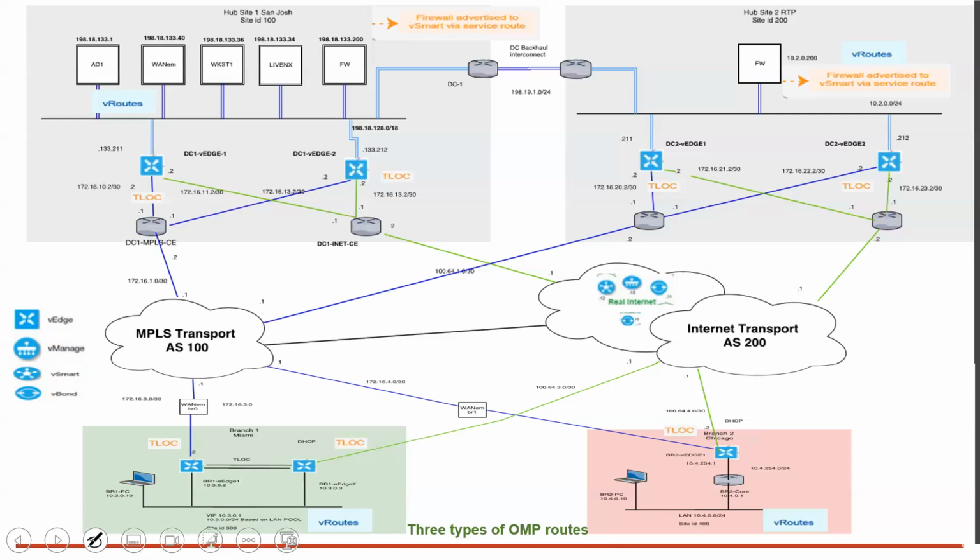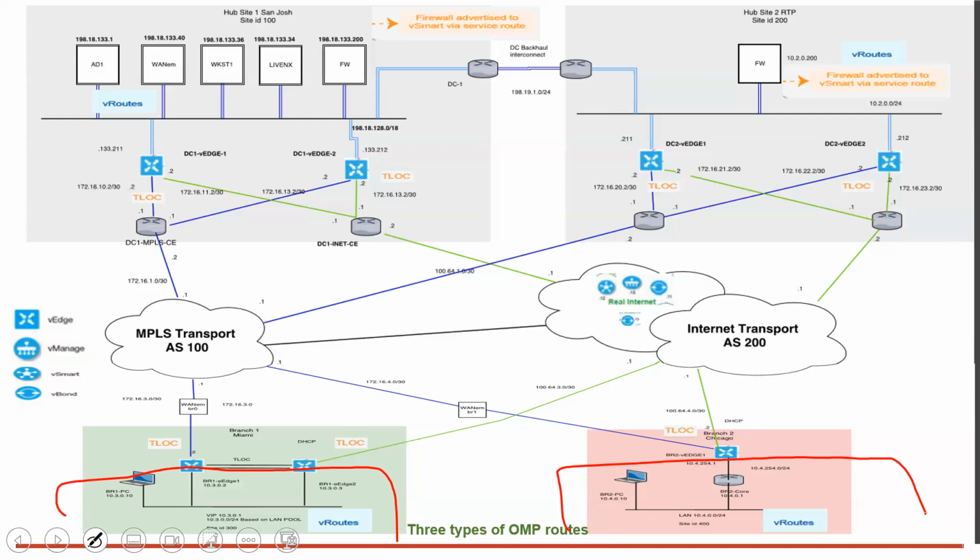Yeah, and let's see this diagram. We are here in this diagram, and this is a full-fledged SD-WAN. Think about what types of routes you have. We know that we have something called service-side VPN. If I highlight this in red, anything that is not VPN 0 or VPN 512 is nothing but service-side VPN.